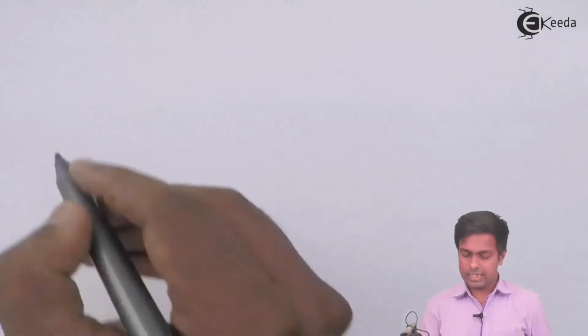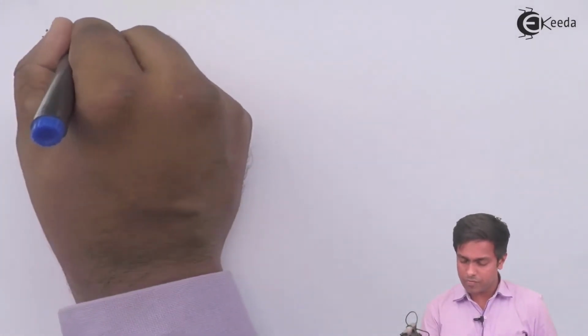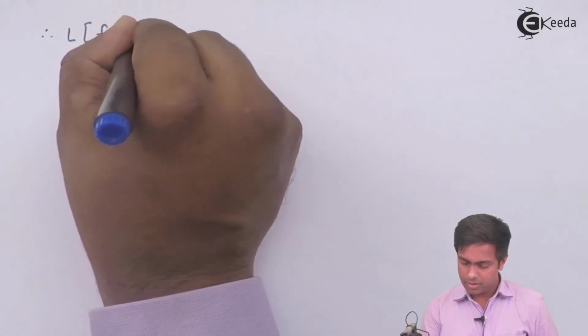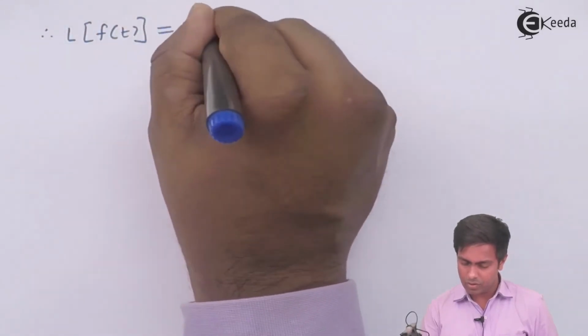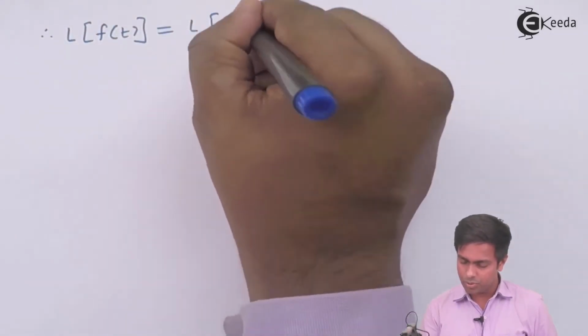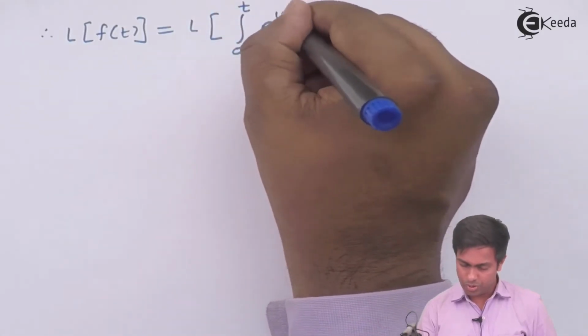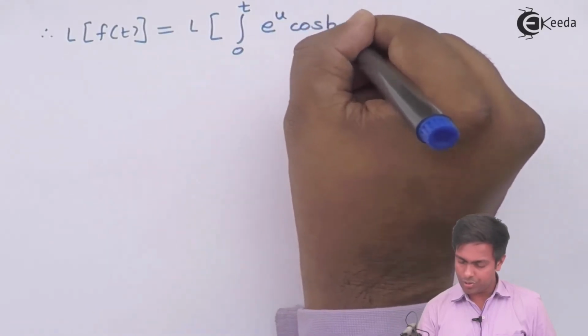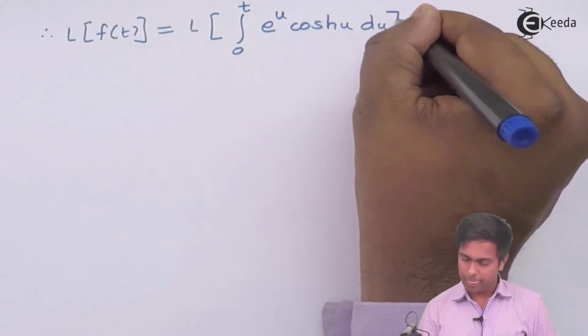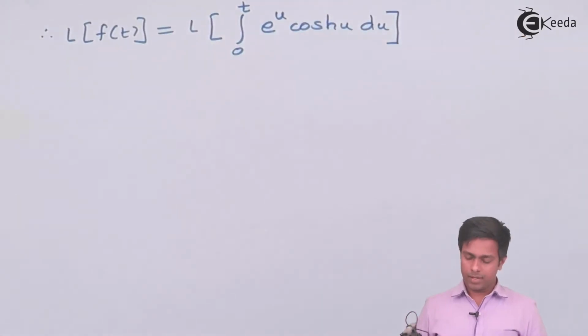So therefore Laplace of f of t is nothing but Laplace of integral 0 to t e raised to u hyperbolic cos u du.